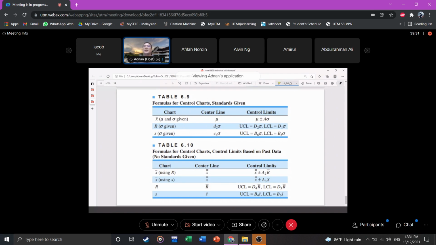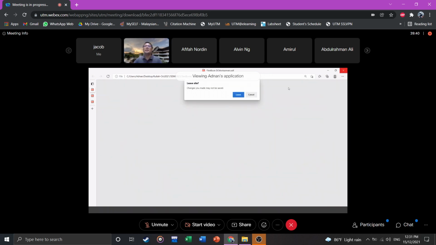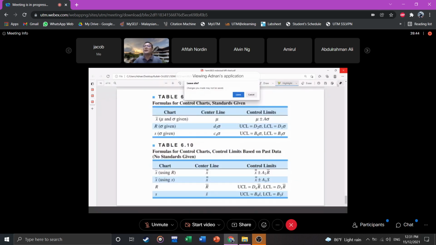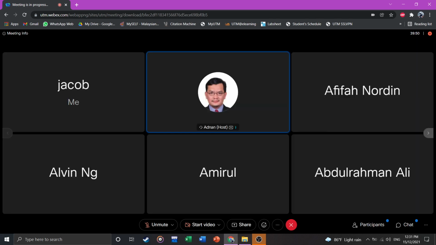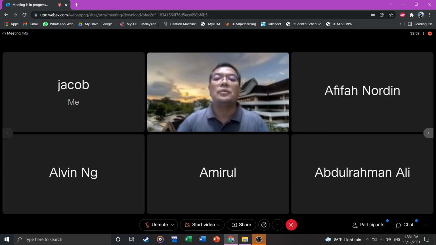So that is related to that. Okay, now let me share the new one. What I want to show now is other control charts.